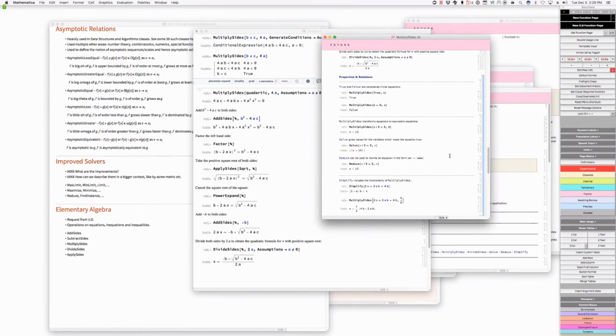Yes, it should. Okay, that's cool. So, given a certain setting for generate conditions and for assumptions, we should be able to make the statement: you'll never get the wrong answer just randomly using apply, add sides, multiply sides, etc. Is that a true statement? Yes. Right, with generate conditions going to true.